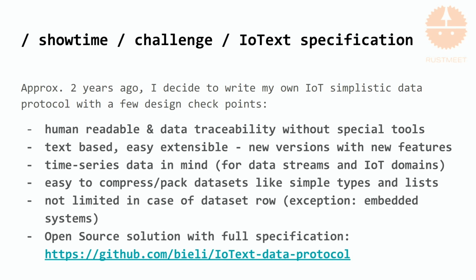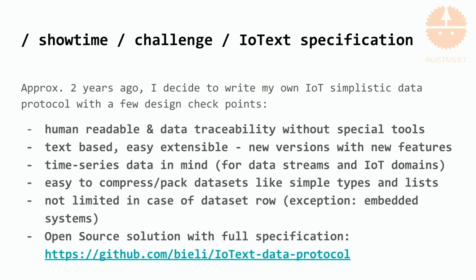Text-based and easily extensible, so if in a new version I would like to add new features, it will be possible. For time series, of course, it should be easy to compress and pack any data sets, type of list, and things like that, without limit on data set rows or record count.